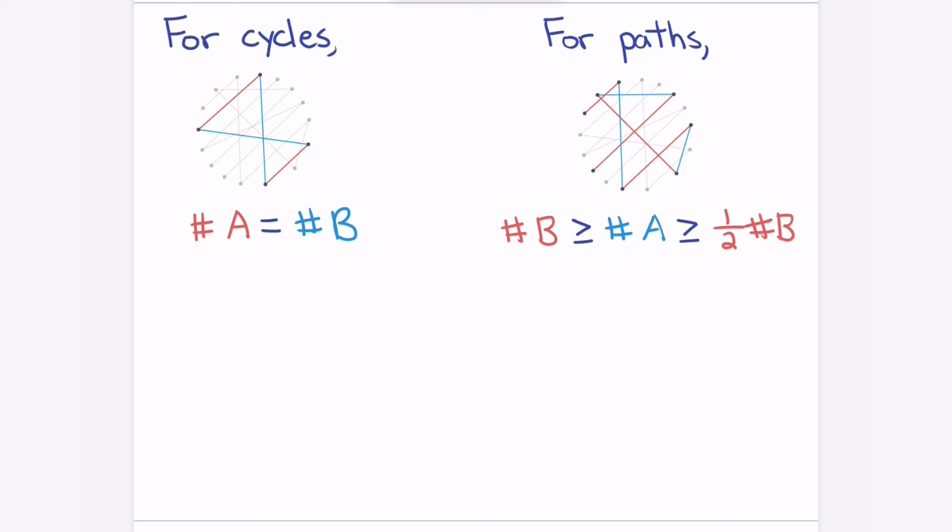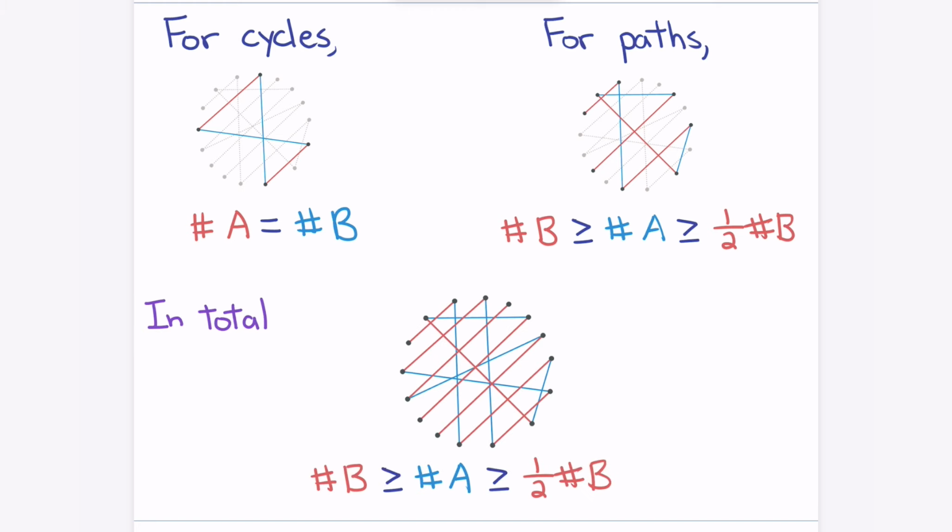Okay, this isn't consistent. Just stick with the colors. Red is at least blue, which is at least half of red. Okay, we'll find out which letter was supposed to be there. This will be B. This will be A.